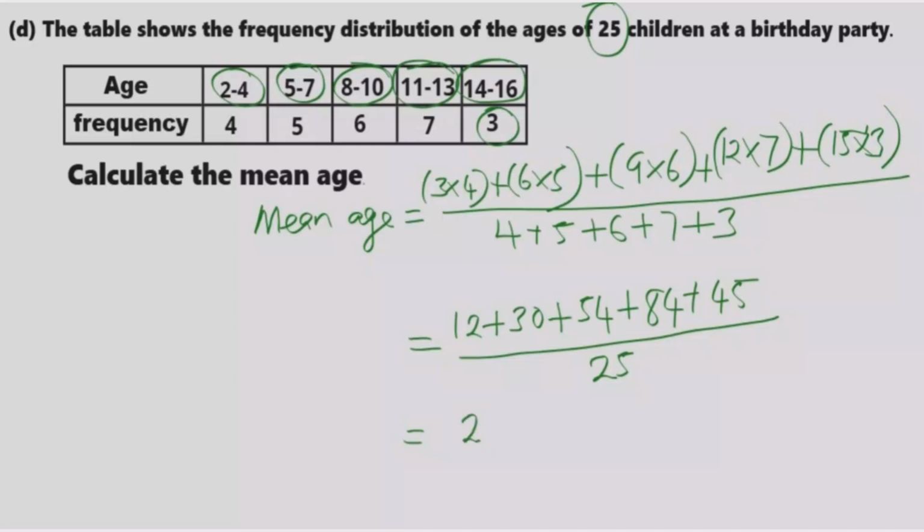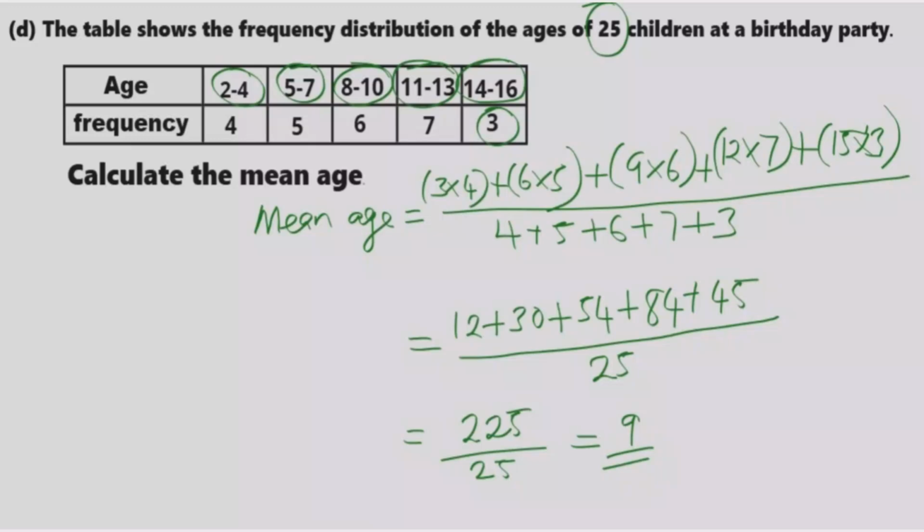So 225 over 25. Then what do we do? Here we find the value of 225 divided by 25, which will give us 9. 25 will go 9 times in 225.